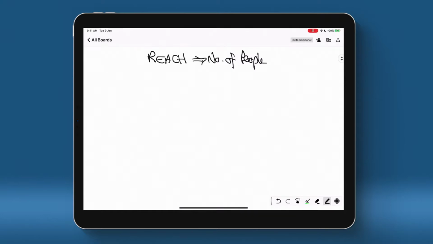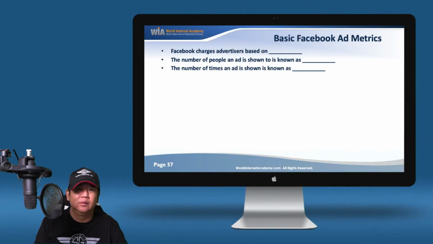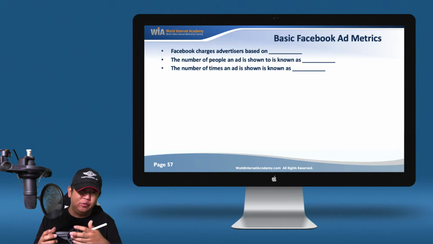Number of people, and don't confuse number of people with number of times. So bullet 2 was referring to number of people an ad is shown to. That's known as reach.